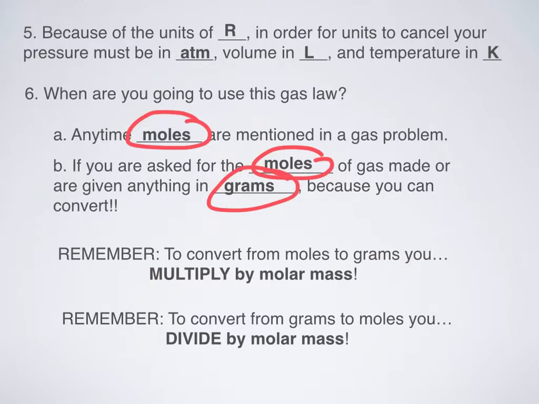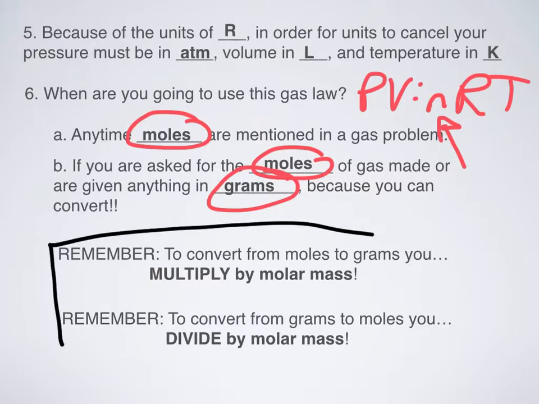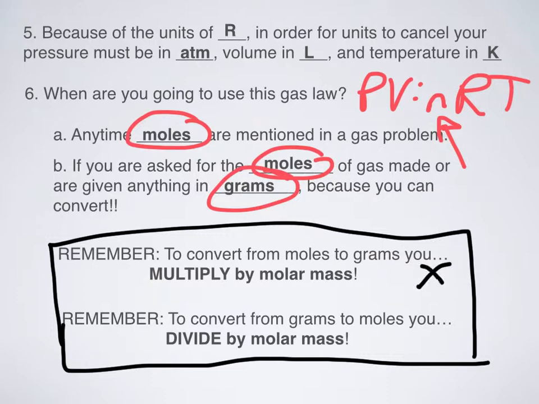And because this is our only equation that has moles in it, it makes sense that we'd have to use PV equals nRT. That's the big difference there, n. Now, in case you forgot, if I'm converting from moles to grams, I multiply, and if I'm converting from grams to moles, I divide. So remember, you've still got to be able to find your molar masses of things using the periodic table.